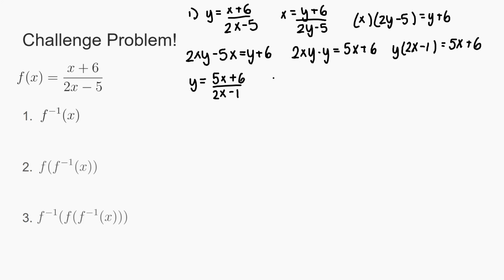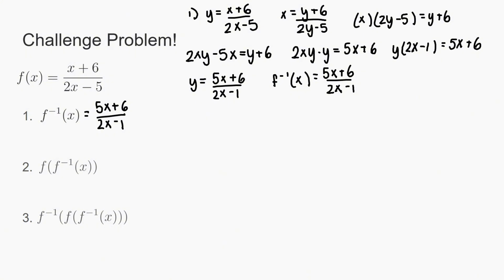Now, our last step is to make it the inverse. So it's going to be the inverse of f is equal to 5x plus 6 divided by 2x minus 1. So our answer is going to be 5x plus 6 divided by 2x minus 1. Now, our second question is f of the inverse of x, and we're looking for that answer.